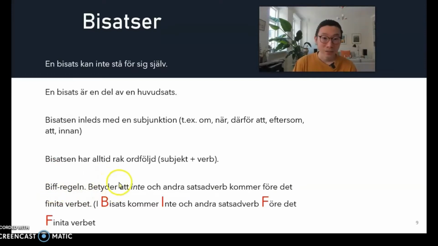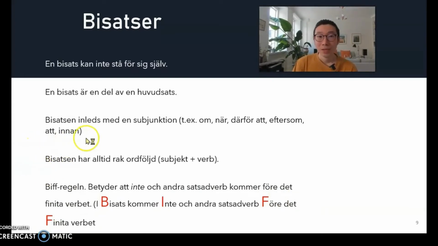It means that inte and other clause adverbs come before the finite verb, the first verb. So BIF stands for i bisats, in subordinate clause, comes inte och andra satsadverb före, before, definita verbet, the finite verb.